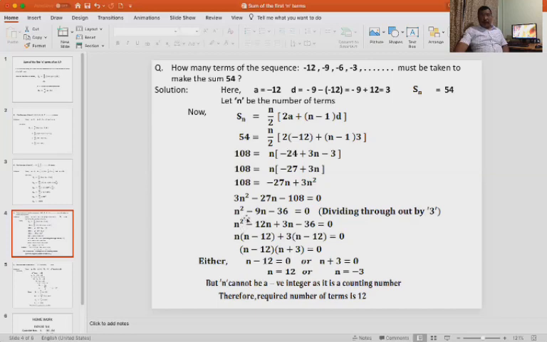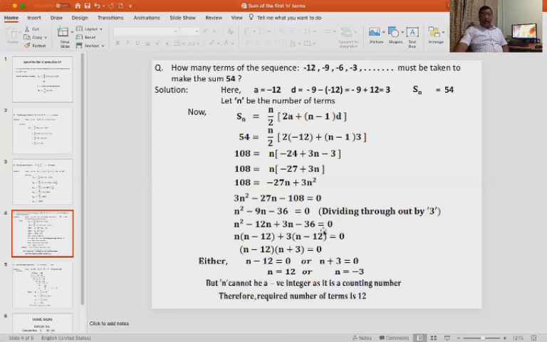Now this is a quadratic polynomial, so we factorize it. We get n squared minus 12n plus 3n minus 36 equal to 0, since 12 into 3 is 36, and -12n plus 3n gives 9n. That means we are splitting the middle term here.